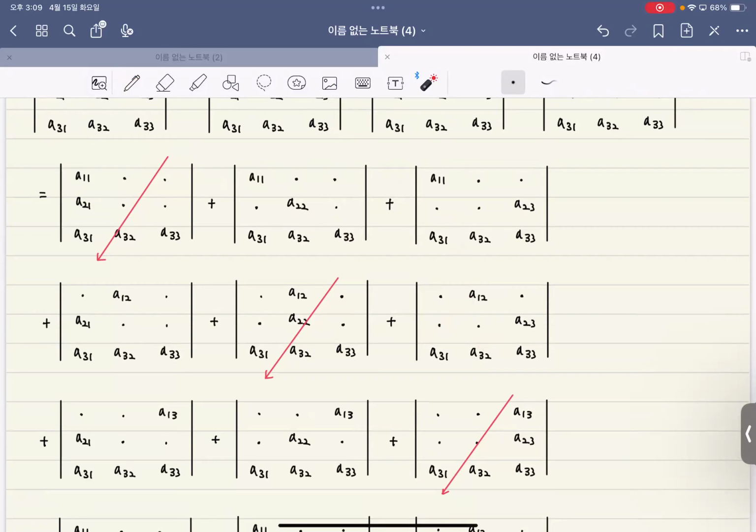And lastly, the determinant is also multilinear on the last row. So I want to break down this guy into 3 different terms. Just like this.